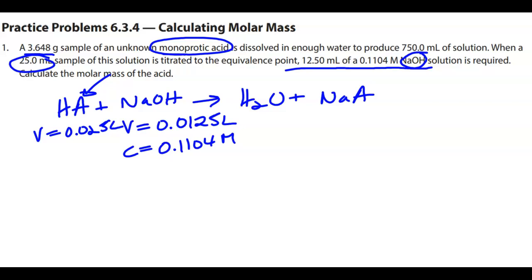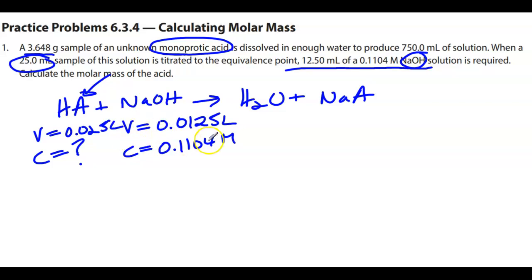In order to do that, we need to have the concentration. They gave us all this information about the mass and the original volume of the solution, but we can't really do anything with that until we find out the concentration. Because once we have our moles per liter, we can figure out how many moles is in the original sample, and then we can do the grams per mole, which is essentially what molar mass is.